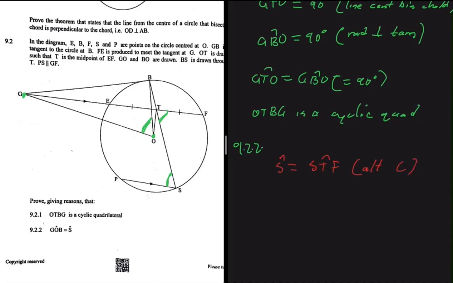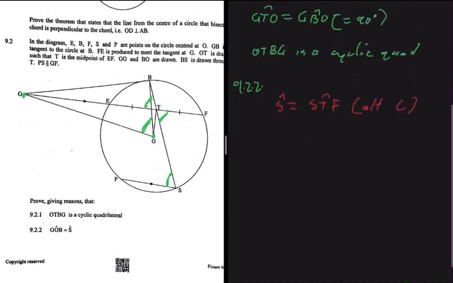But then if you look at STF, you will see that STF is equal to GTB, right? So angle STF is equal to GTB because those are vertically opposite angles, right?